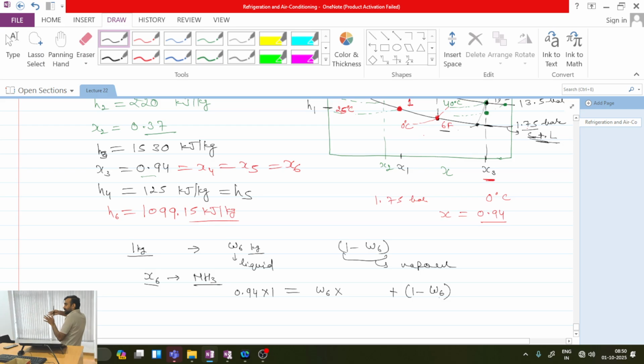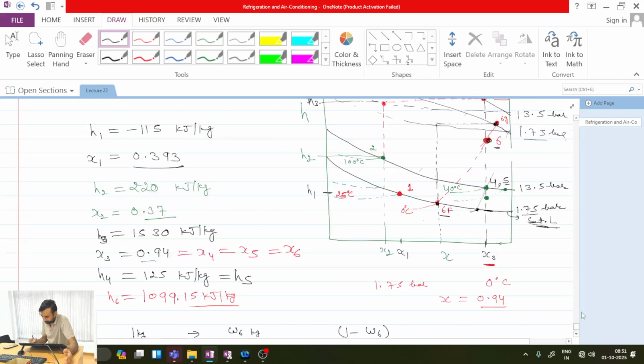Whenever you have a mixture, the liquid is having different composition, the vapor is having different composition. What is the composition of the liquid? Corresponding to 6F. And what will be the composition of the vapor? Corresponding to 6G. Tell me, what are the values of X6F and X6G? 0.57.